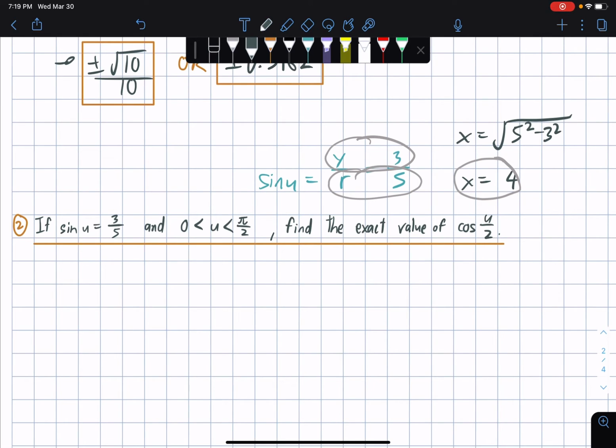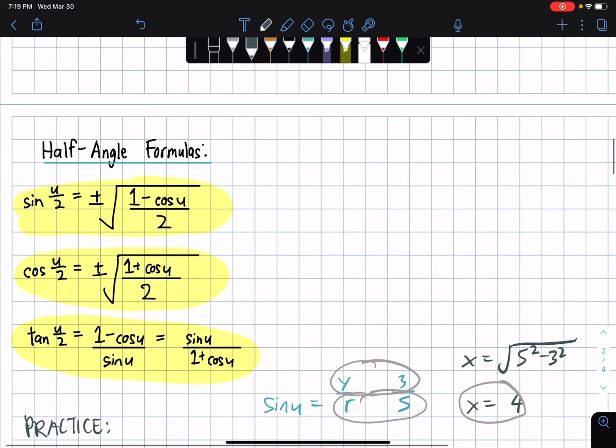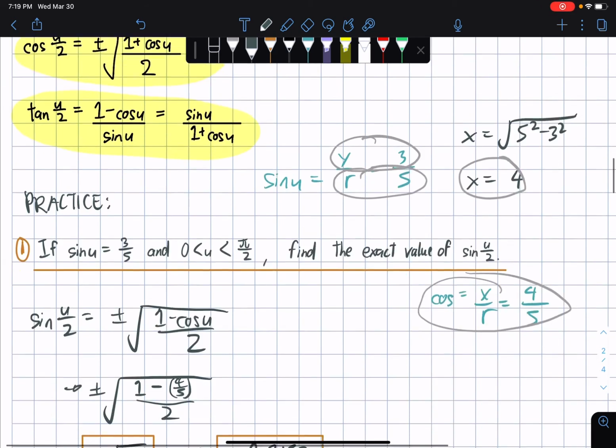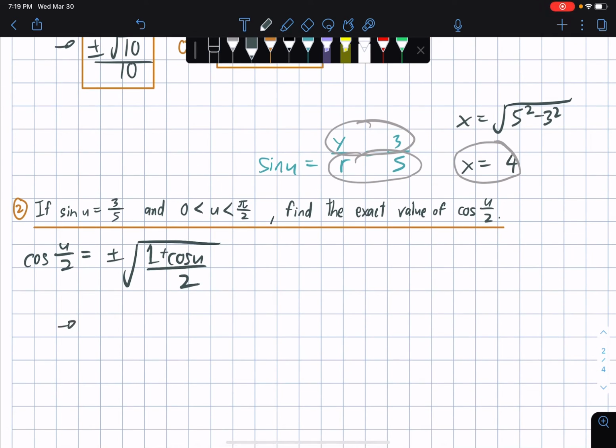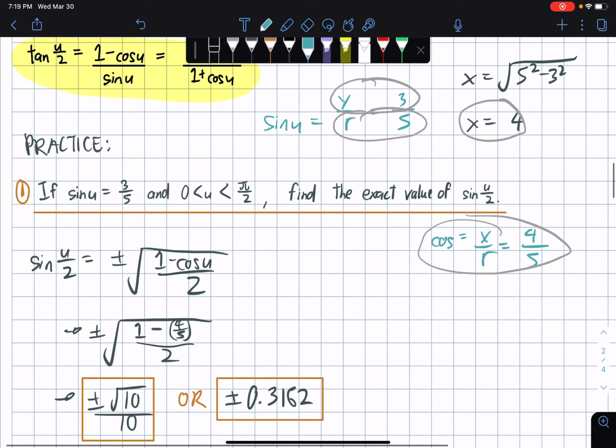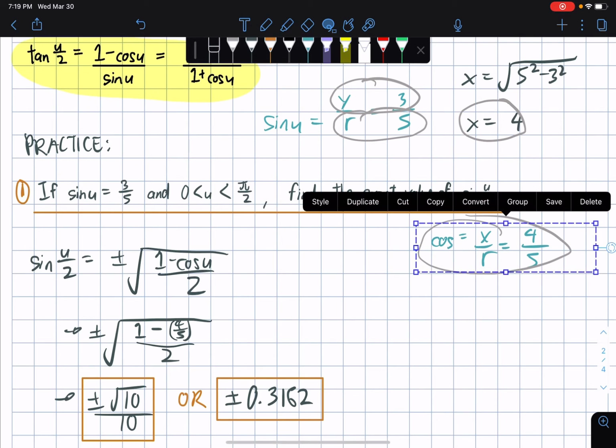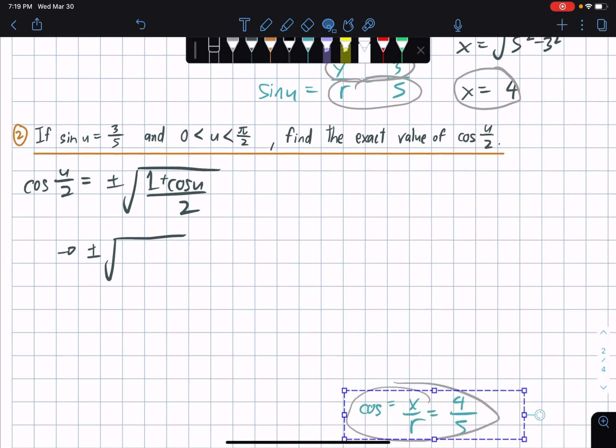So to find the exact value of cos u over 2, of course, copy the formula. If I remember, it's plus minus the square root of 1 plus cos u over 2. Yes, correct. So let's substitute the values. Our cos u is still the same as what we have in number 1. Not by coincidence, hopefully.